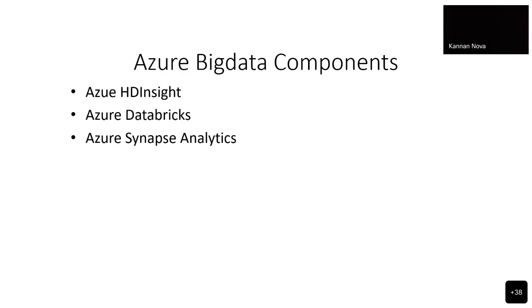Azure Synapse Analytics is also a big data component, and it does whatever HDInsight or Databricks does, with similar capabilities, but it has additional Azure data warehouse capabilities. But HDInsight supports the Hadoop environment, whereas Azure Synapse Analytics does not support the Hadoop environment.